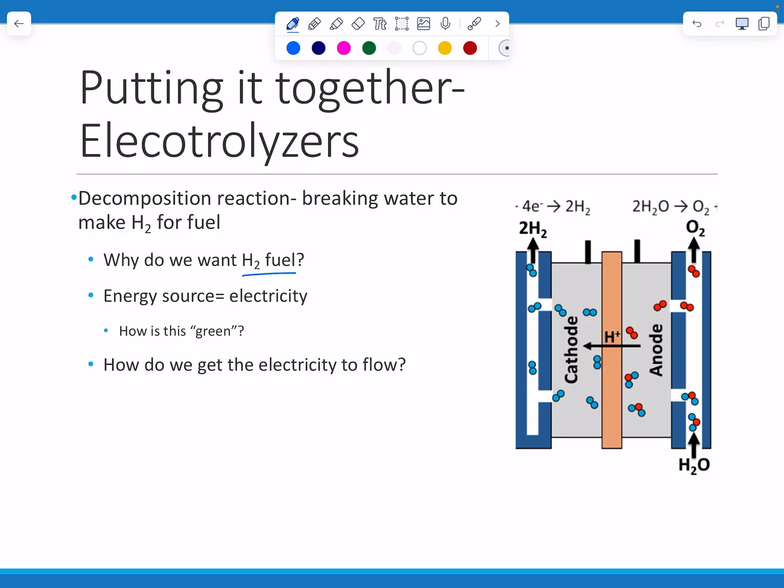But how do you get hydrogen? One of the major ways that people are trying to do this is by breaking apart water, right, into hydrogen and oxygen.